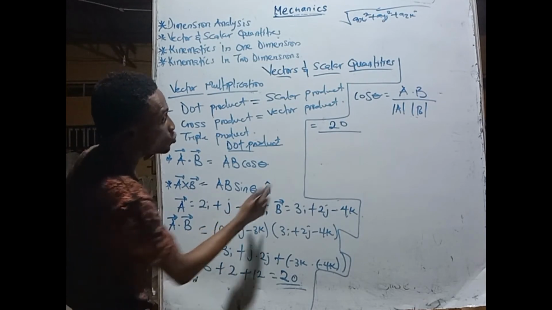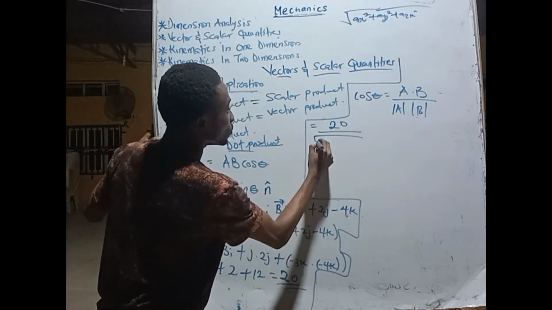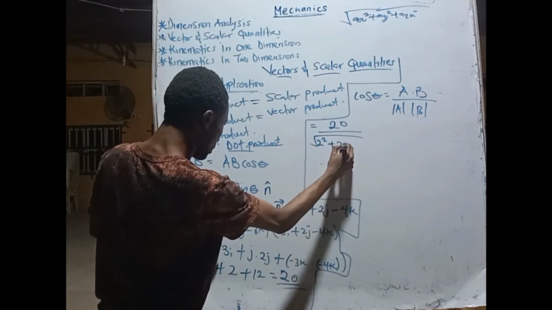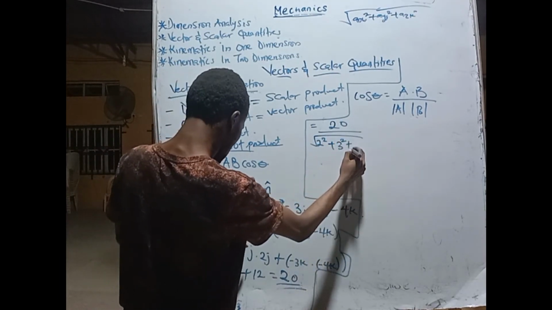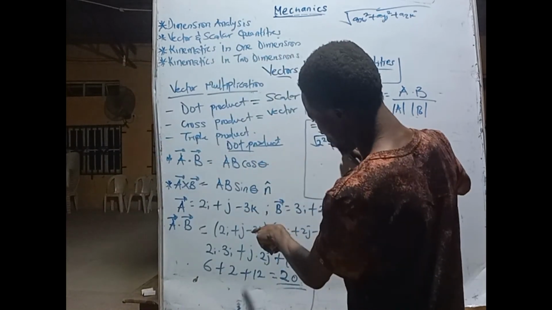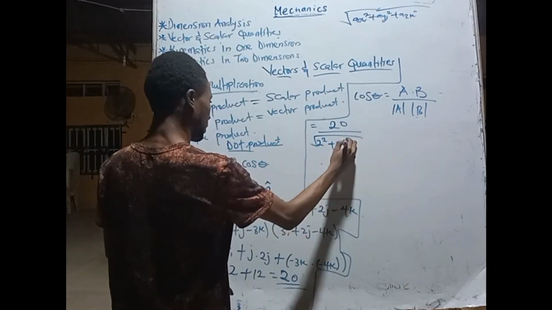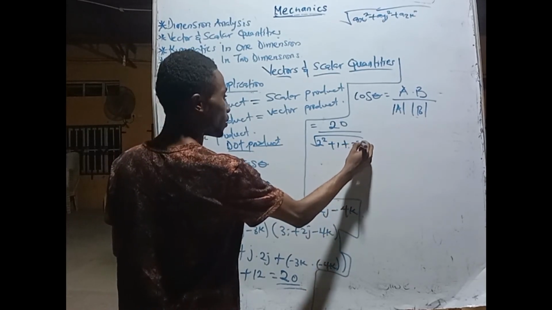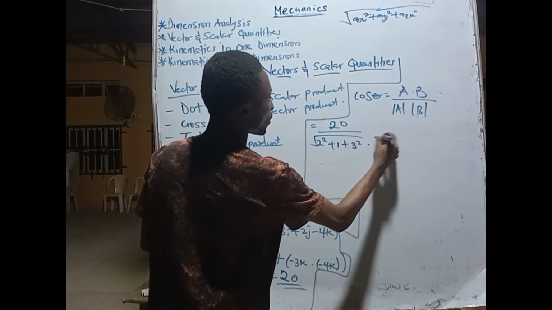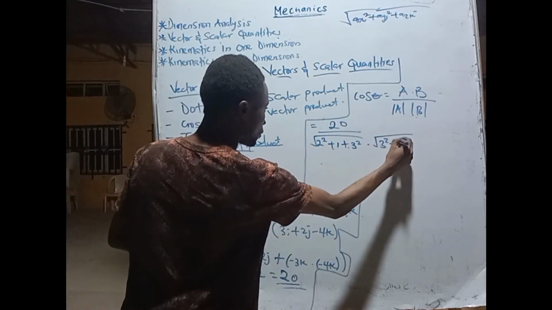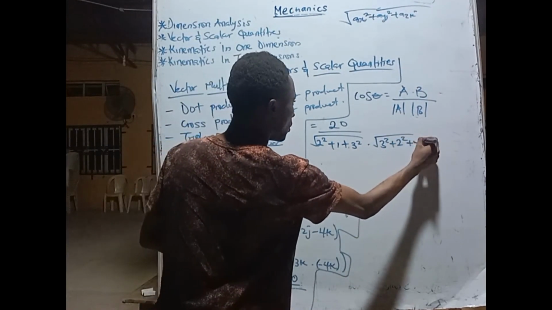We have the square root of 2 squared plus 1 squared plus 3 squared, dot square root of, that's for B, 3 squared plus 2 squared plus 4 squared.